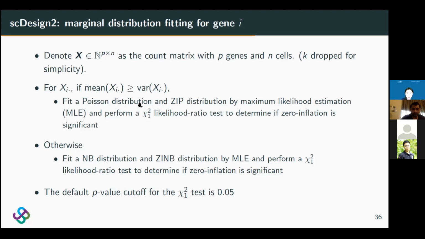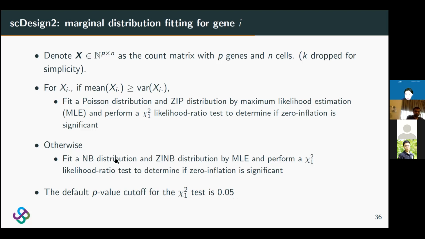Otherwise, if the variance is bigger than the mean, we fit NB and ZINB, and also choose between the two using a likelihood ratio test. For the p-value on the likelihood ratio test, we use 0.05 to choose whether to use zero inflation or not.